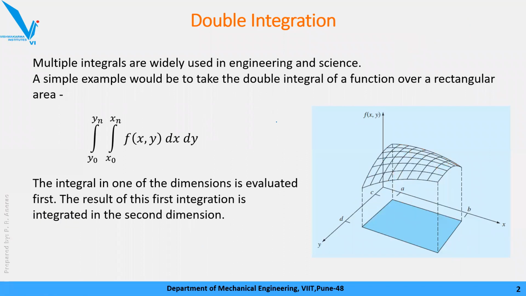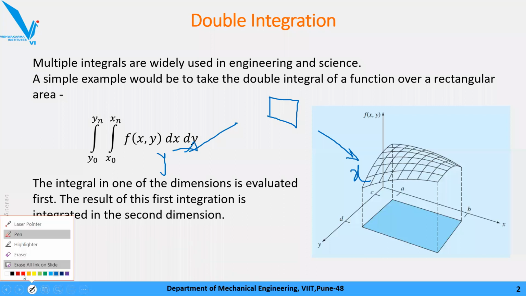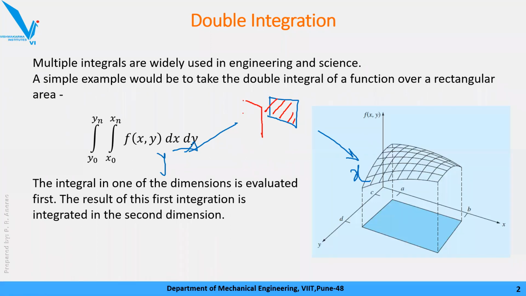If I try to show you a simple way, first, assume this direction is y and this direction is x. First I'll calculate the area for the first function, one strip, then the area for the second strip, the area for the third strip, and so on.